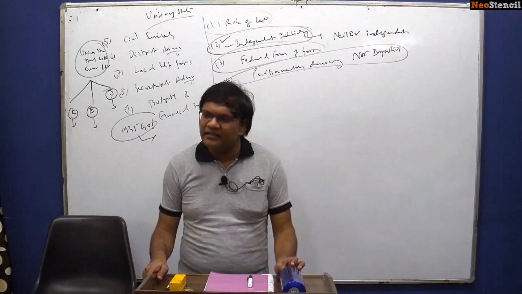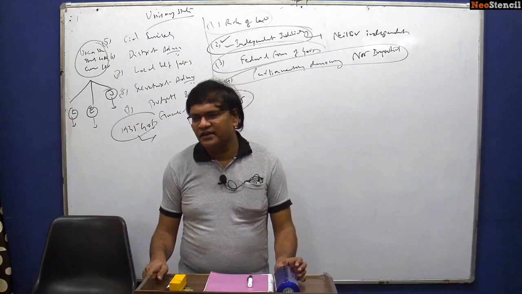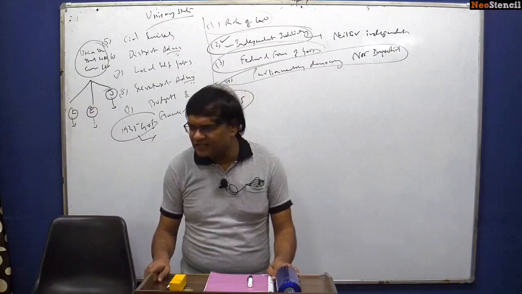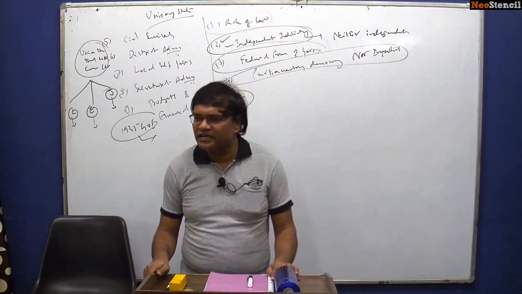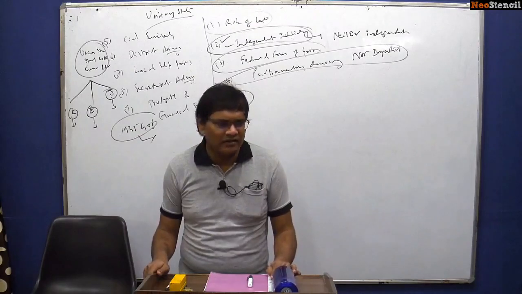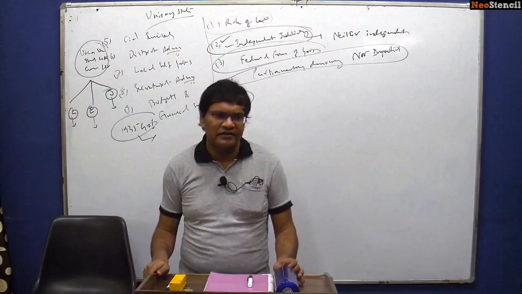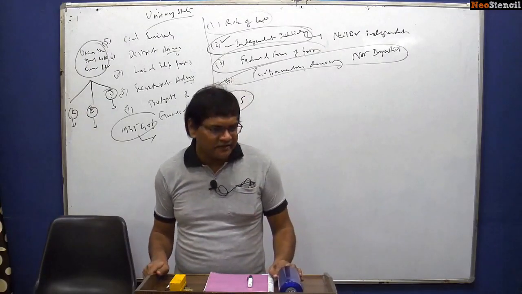Obviously, it did not satisfy the Congress party. They wanted other Indians also to be part of the legislative process. That was the reason why in 1909 the reforms were introduced. What happened in 1909? Two things. First, they expanded the size of the Legislative Council.